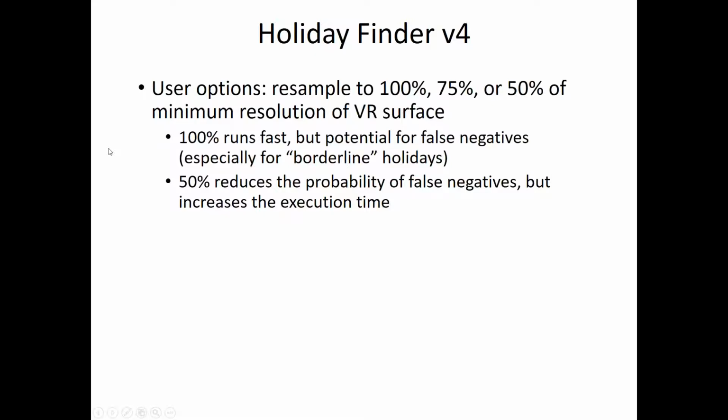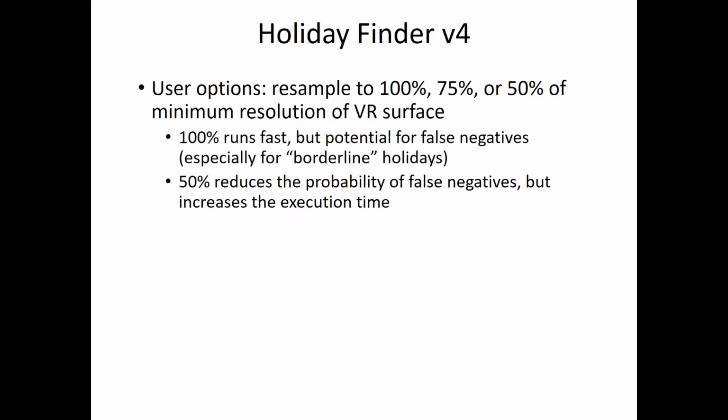If you keep the default of 100%, it runs pretty fast. There is the potential for false negatives, especially for something that is right on the edge of being a holiday. I have to say personally, I've tested a number of data sets and I haven't experienced any false negatives, but it's a good concern that the developers had.